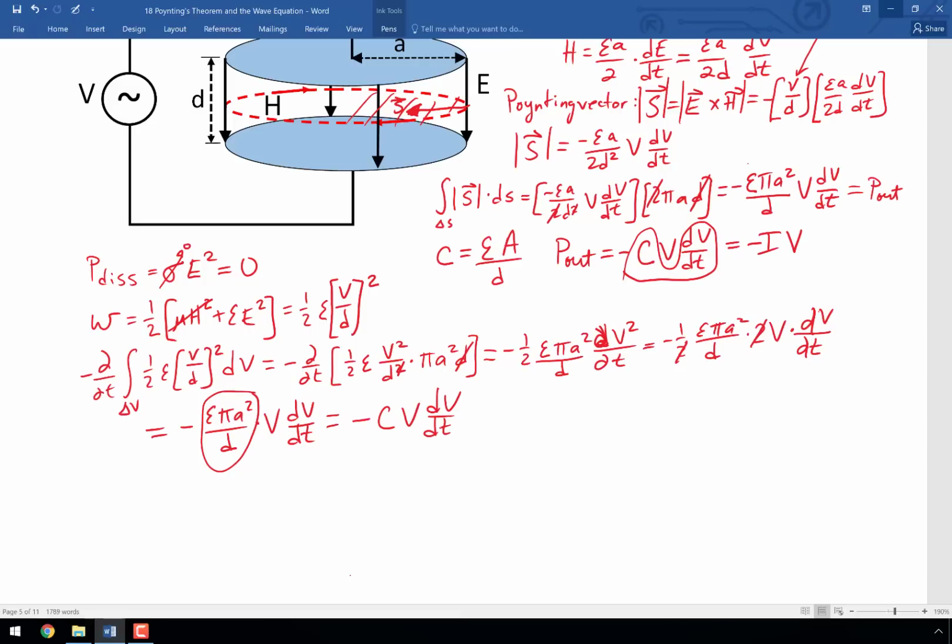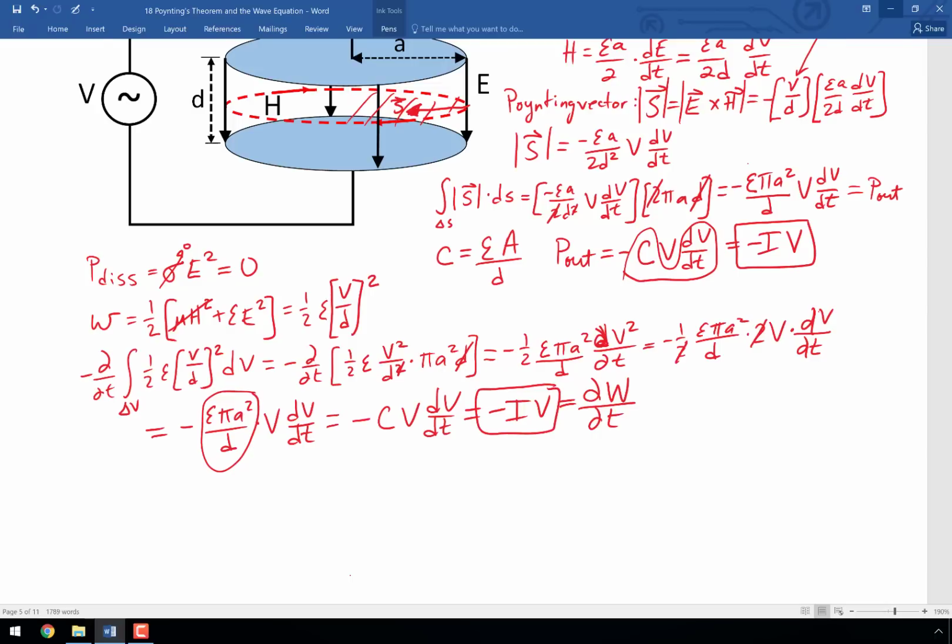C dv dt is equal to the current. So this is negative I times v. And that is, I guess you could say, the partial derivative of the total energy with respect to time. And so we have a quantity here, and we have a quantity here.